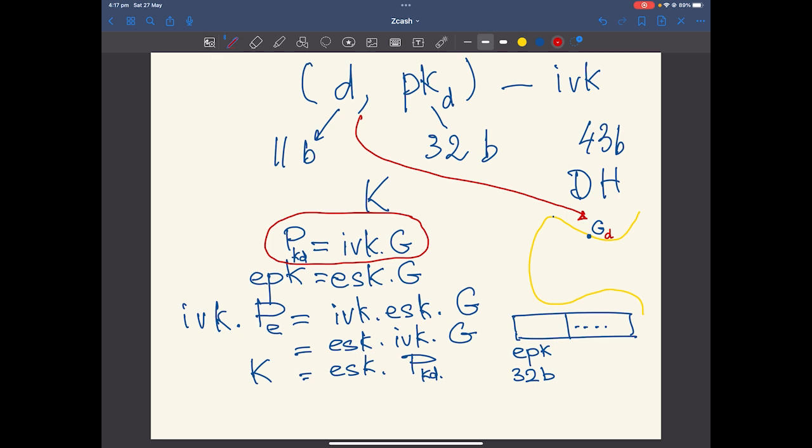Once he has this GD, he multiplies that by IVK to generate the PKD, and then the PKD becomes part of the address. So the address is always a combination of the diversifier and the public point that matches that given diversifier for his secret key IVK, the incoming viewing key. That's the way it works.